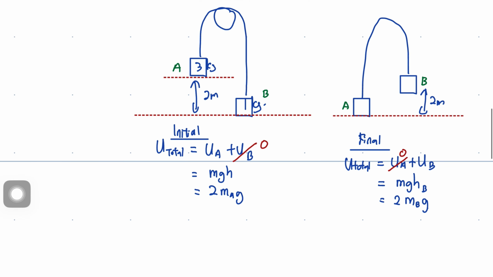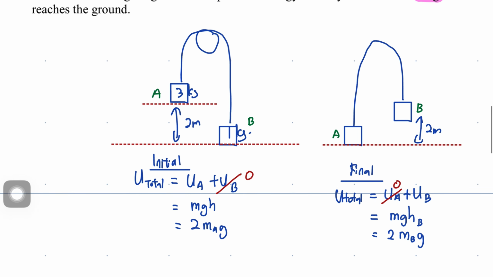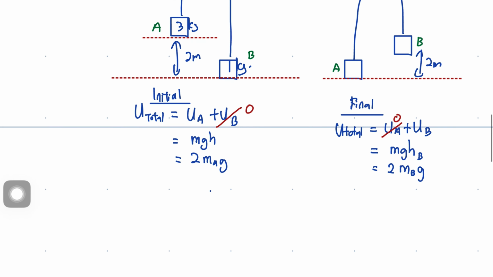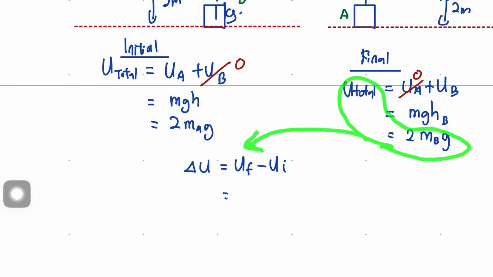Once we have this, when we want to calculate the difference in gravitational potential energy, I'm going to label the difference as delta U, which equals U final minus U initial. I'm going to replace it with the total U final here and the total U initial here.